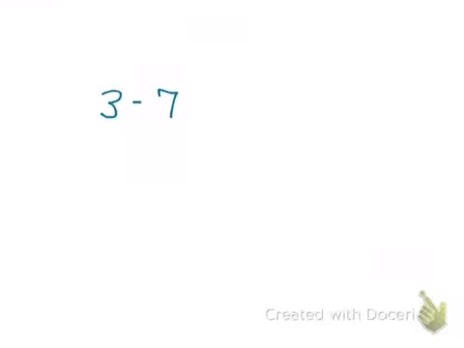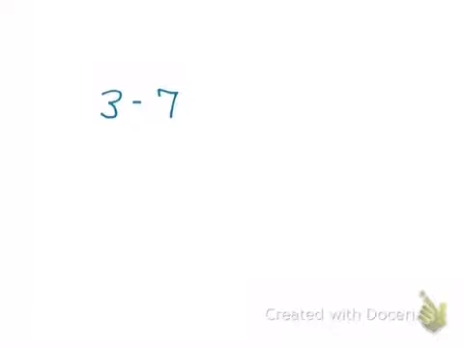This problem is 3 minus 7, subtracting a positive 7. When you have a subtraction problem, what you have to remember is to get it to become an addition problem, change the subtraction to addition, but then change the sign right after that to whatever the opposite sign is.